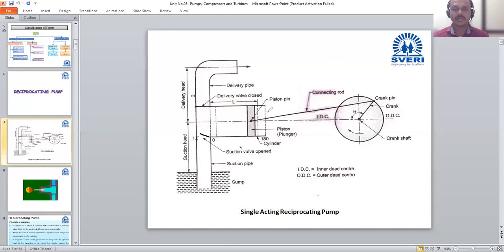So that point is the ODC, the outer dead center, and this one is the IDC, the inner dead center.